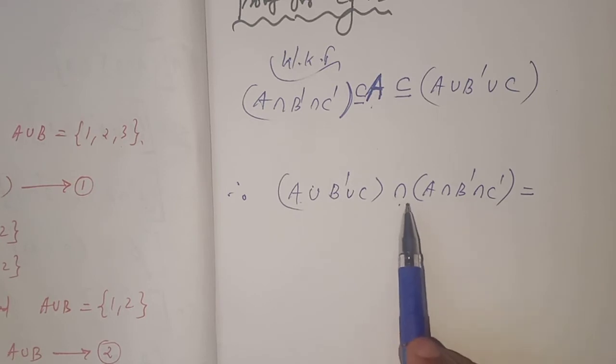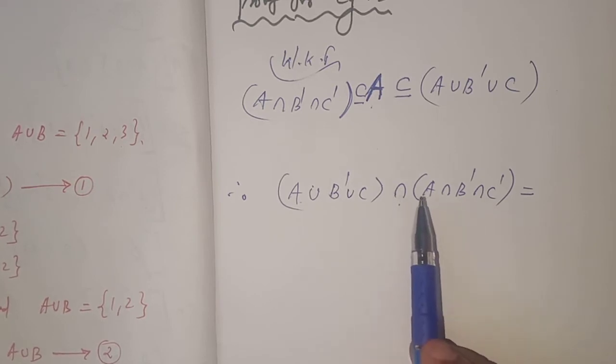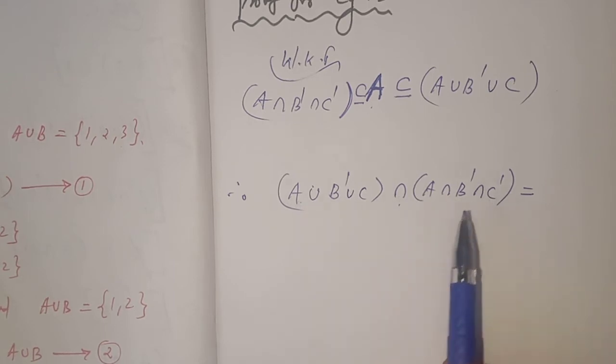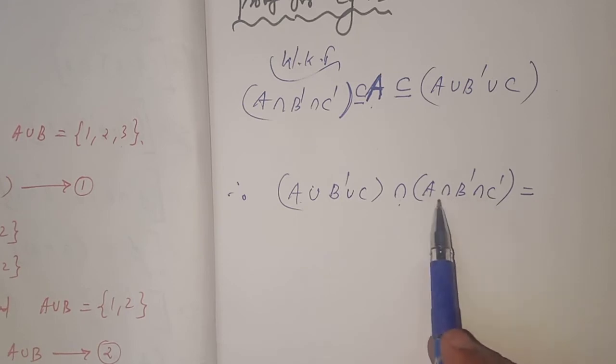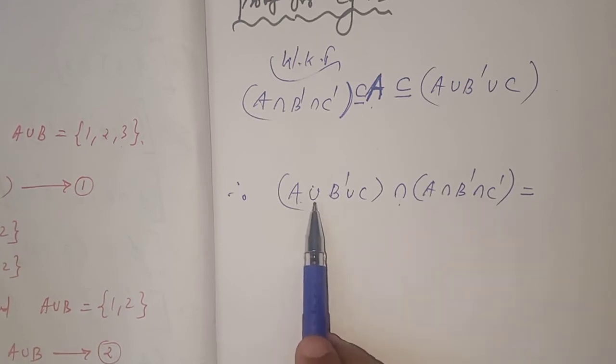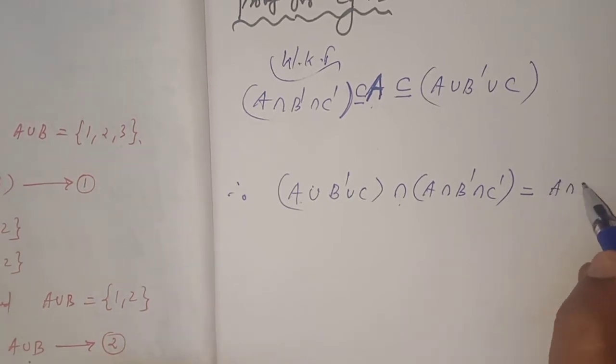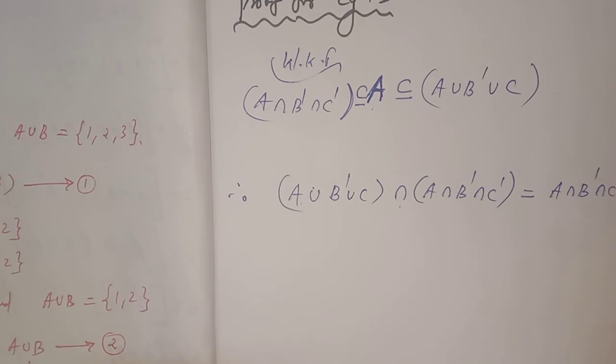Again I tell you, if union comes, you take the set which has more number of elements. Whenever intersection comes, you take the set which has less number of elements. Out of these two, obviously the intersection set has less number of elements, because these two are union. So I have taken this result, A intersection B dash intersection C dash. Okay, let it be number 1.